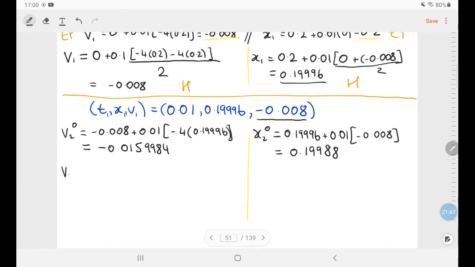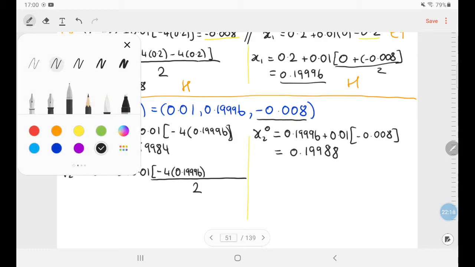Okay, now let's do Heun's method. So Heun here says v2 is the previous v value. Now the previous v value is in blue. It's minus 0.008 plus step size, which is 0.01, and then average two slopes. The slope at the previous point, which is the point in blue. Now we have to think, what is the derivative of v? It's minus 4x, so it'll be minus 4 times 0.19996, plus the slope at the predicted next x value. Let's underline that.